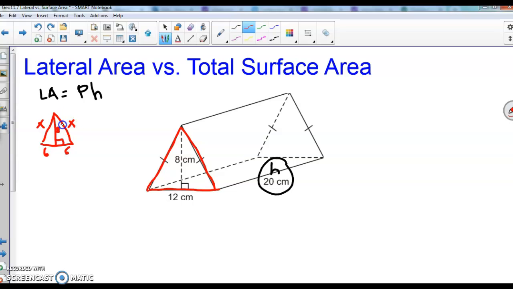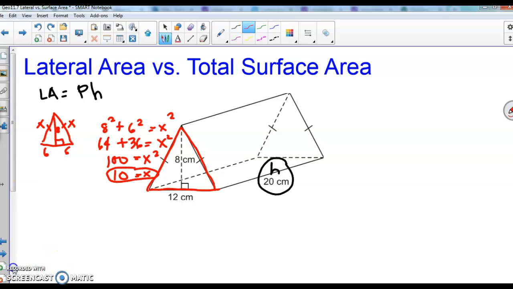I'm calling them x, both of them, because it's an isosceles triangle, so they're equal. So how are we going to find x? Yes, I hear you. We're going to use the Pythagorean theorem. So we have 8 squared plus 6 squared is equal to x squared. So that's 64 plus 36 is equal to x squared. That becomes 100 is equal to x squared. So that means x is equal to 10.